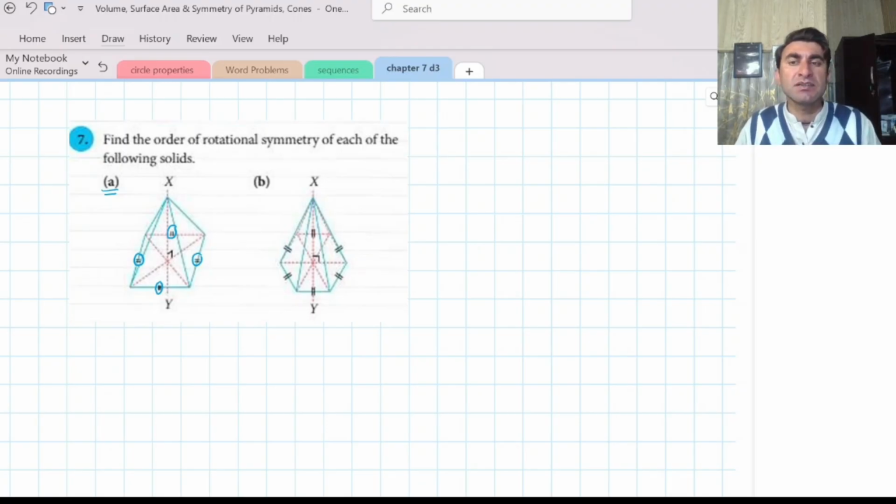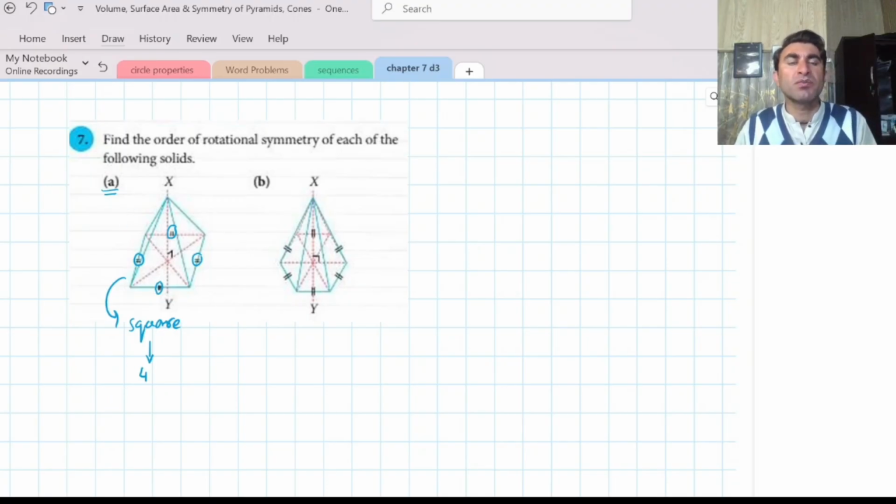As its base is a square, we will see what the order of rotational symmetry of a square is, and that is actually 4. So if the order of rotational symmetry of a square is 4, then definitely the order of rotational symmetry of this solid is also 4.